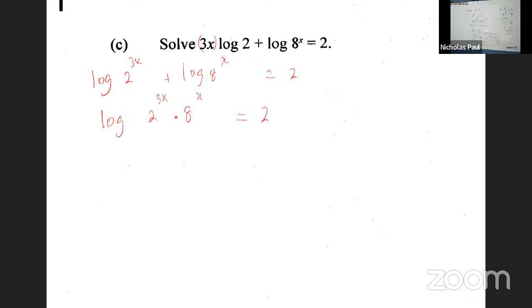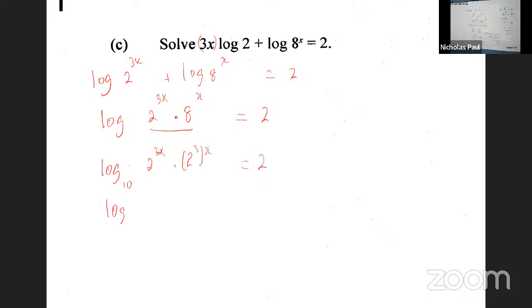What we can do here is simplify this a little bit. Remember this is to the base 10. 2 to the 3x. 8 is really 2 to the 3, so 8 to the x is 2 to the 3x.